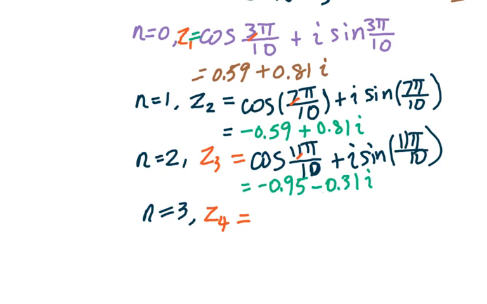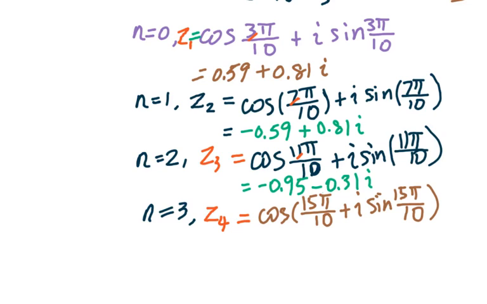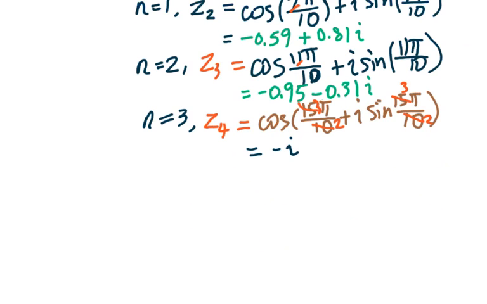Therefore, we got cosine 15 pi over 10 plus i sine 15 pi over 10. Reduce 15 pi over 10 will be 3 pi over 2. Therefore, we can get 0 for this part and for this part it's negative i.